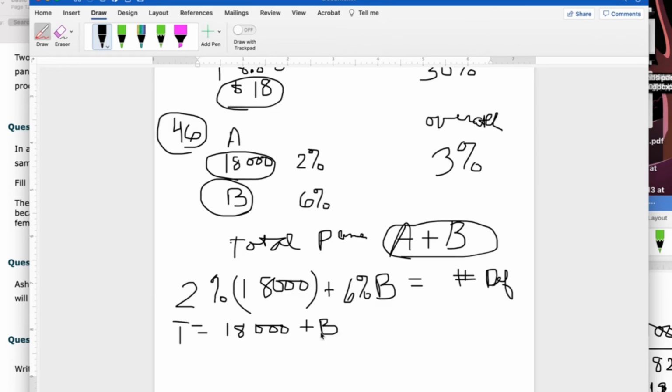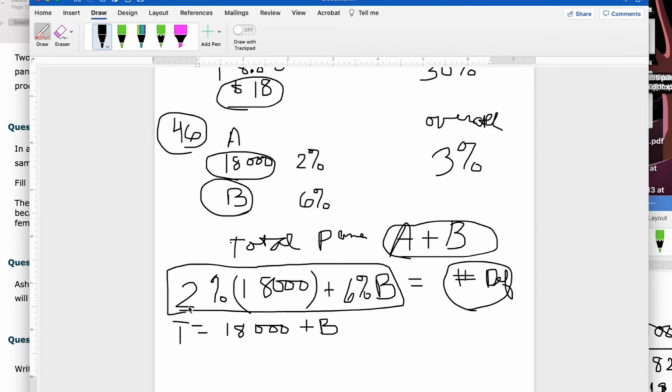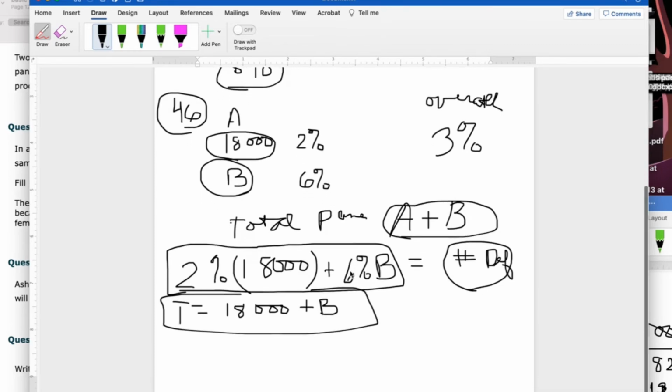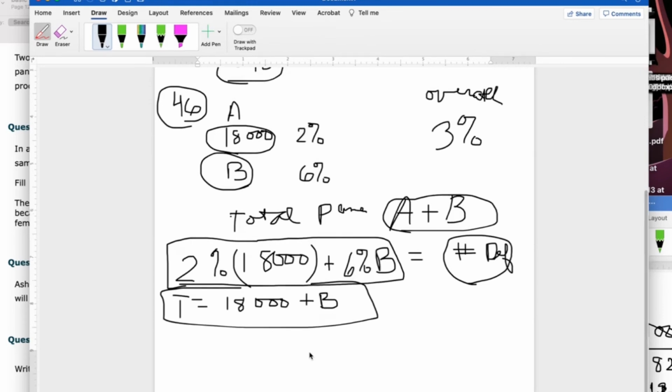Now let's see if we can figure this out. We know the total number defective is this. We also know that the number defective is 3% of this. Let's see if we can make an equation that's going to give us this answer.